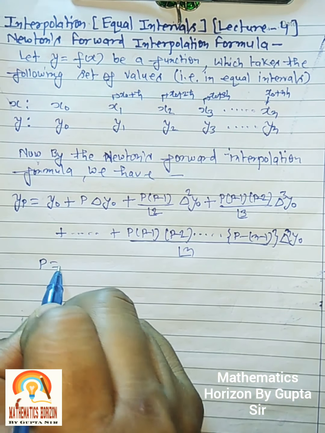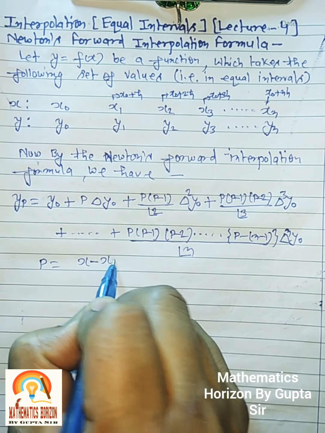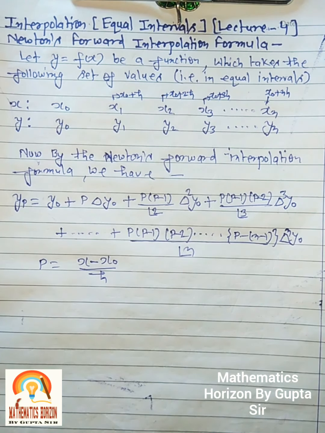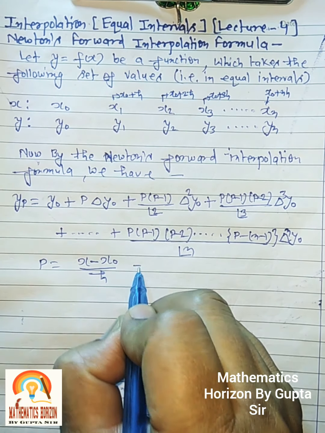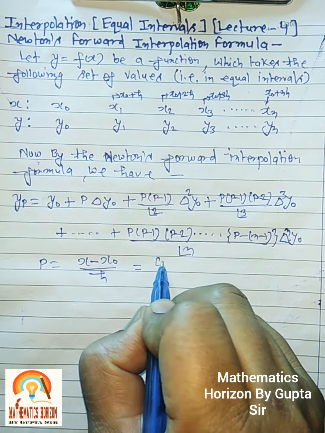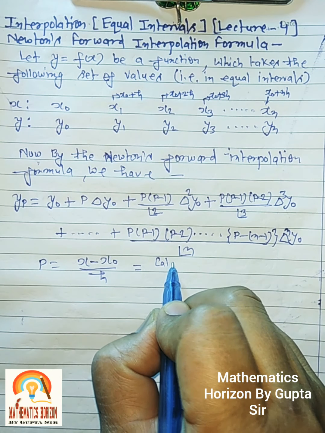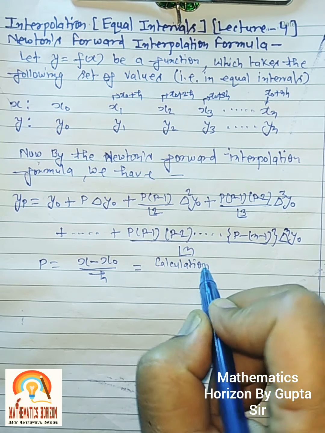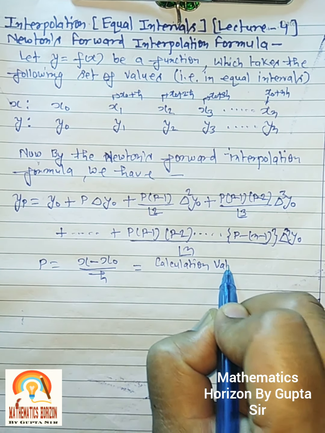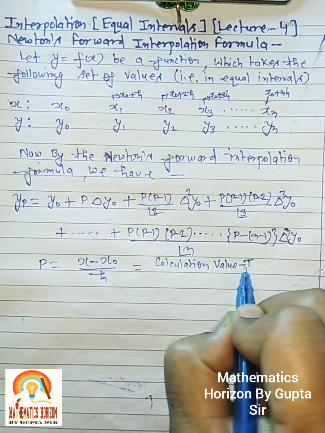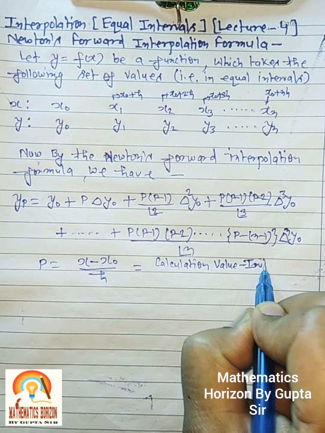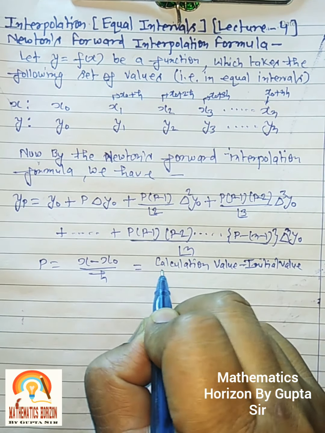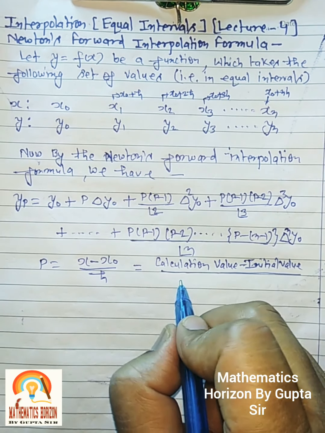Here p is equal to x minus x0 upon h. That is, we can say calculation value minus initial value upon class interval.